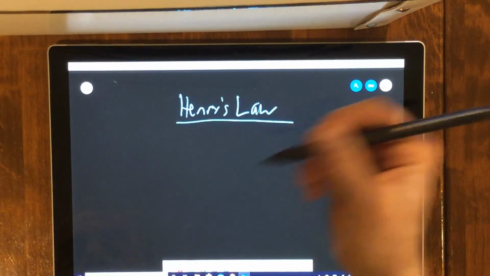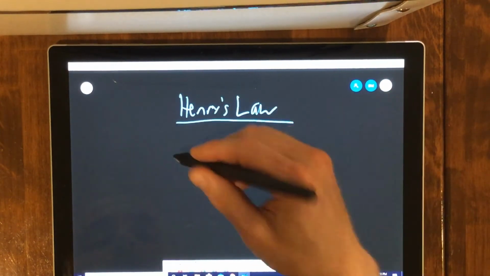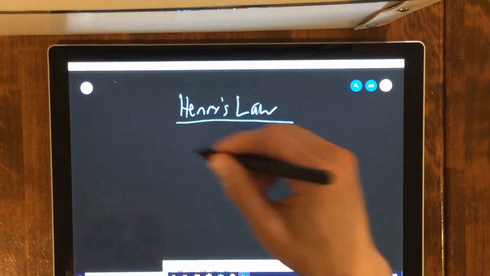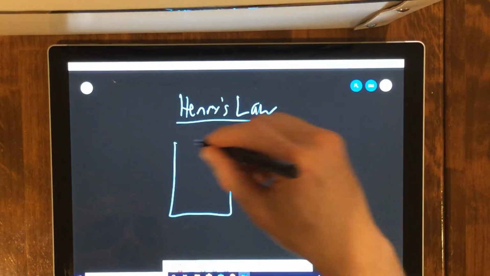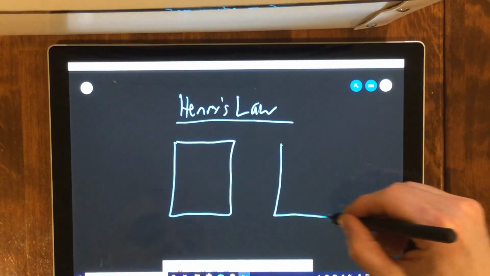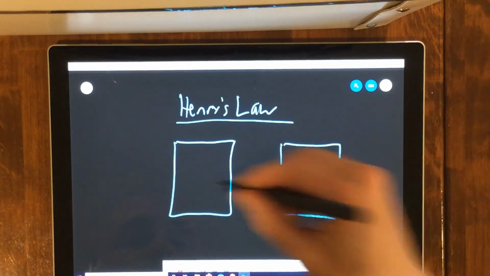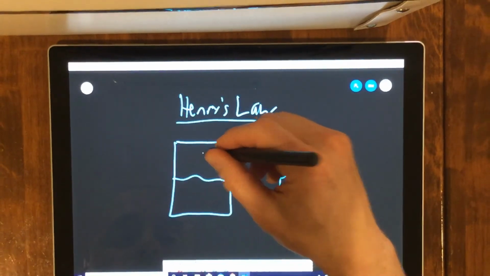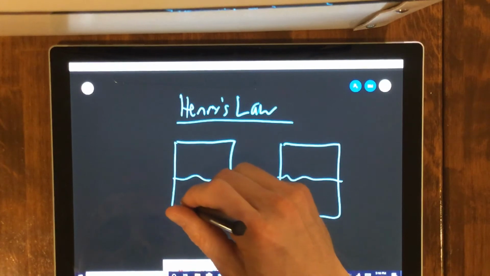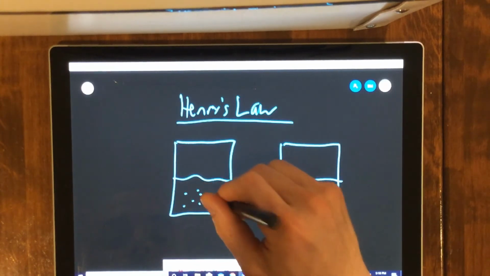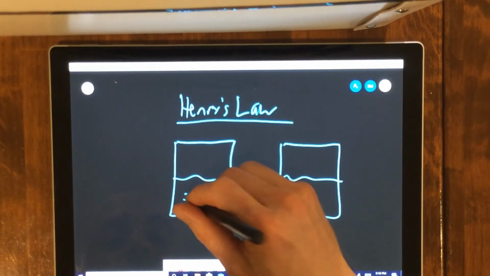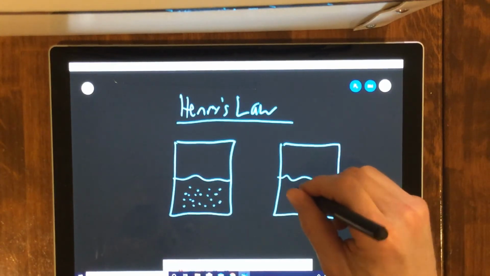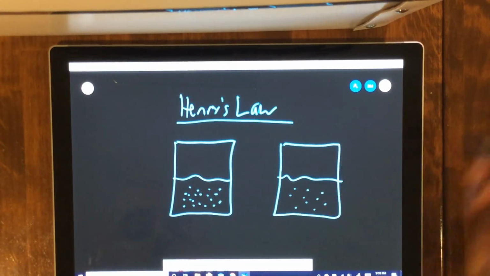So I'm actually not going to write the definition, but here's a good way to understand, and I have a video too. But if you have two containers, let's say they are sealed, and then you have gas up here, right? Say 20 particles there, 10 particles there.